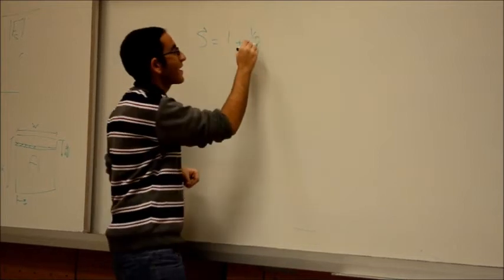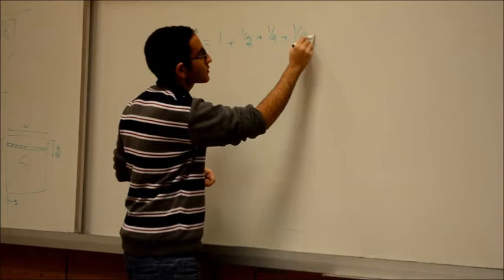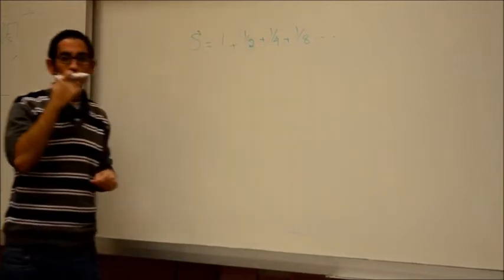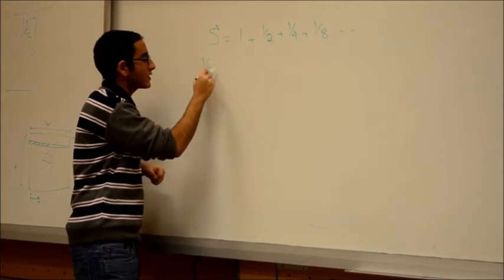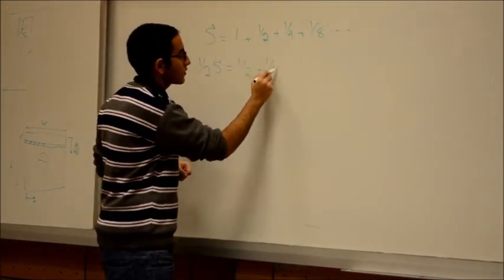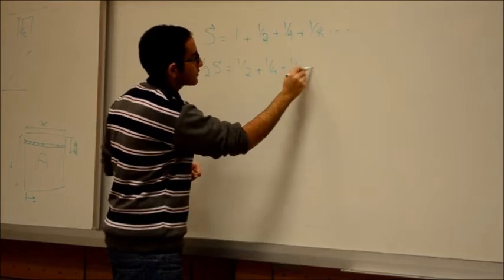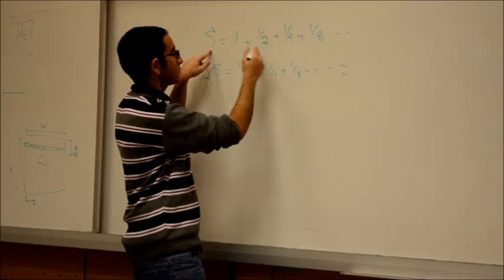1 half plus 1 quarter plus 1 eighth, and so on. What's this sum going to be equal to? If we divide this sum by 2, half S will be equal to half plus 1 quarter plus 1 eighth, and so on, which is equal to S, but without the 1.